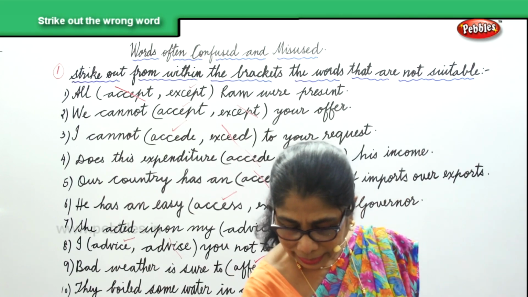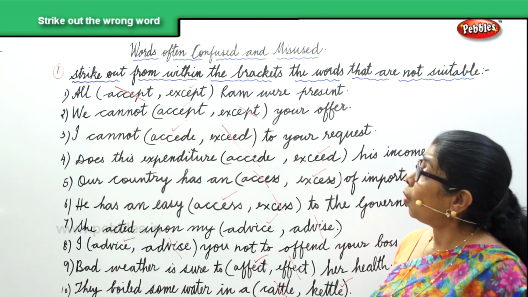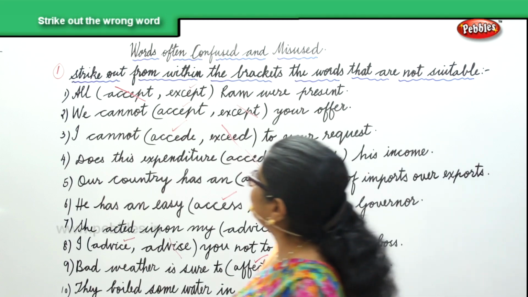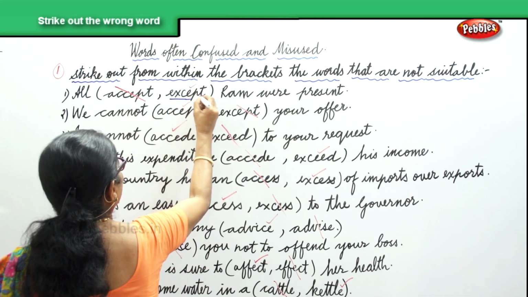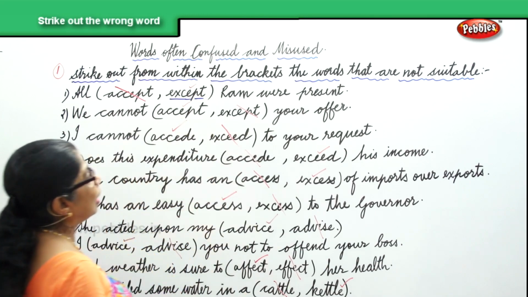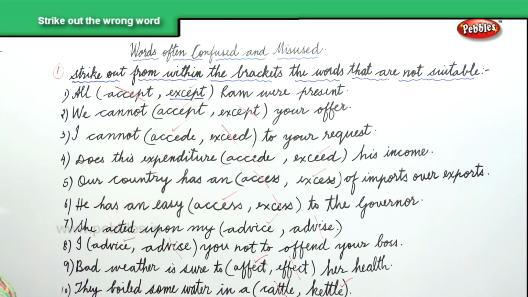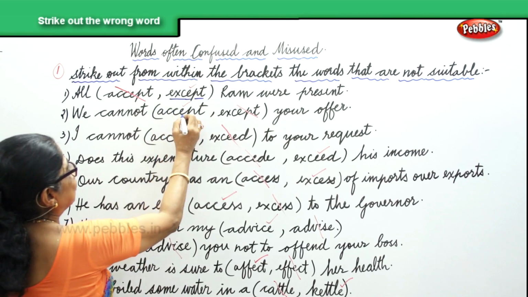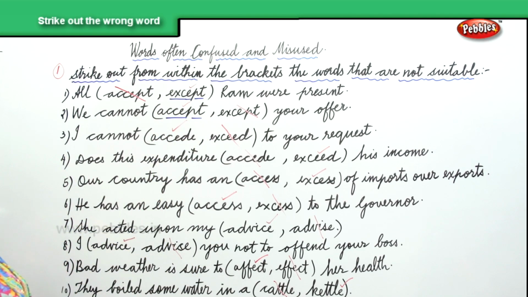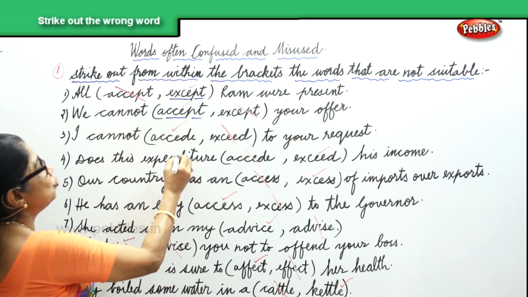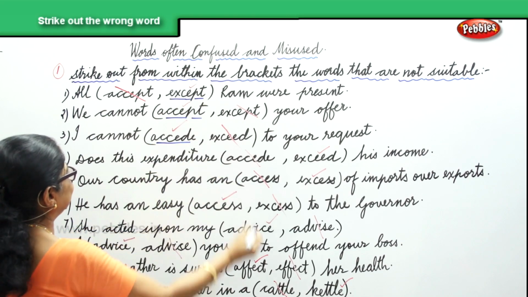Now, look at it carefully. All except, that's the wrong word, so we are choosing this word. All except Ram were present. We cannot accept your offer. I cannot accede to your request.